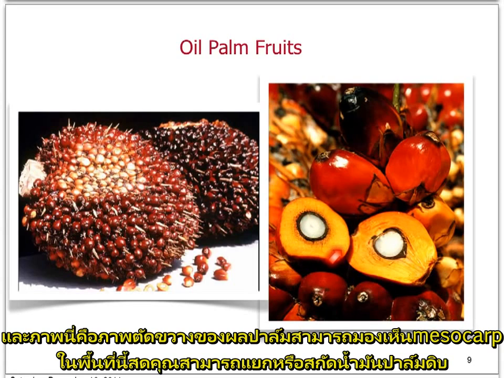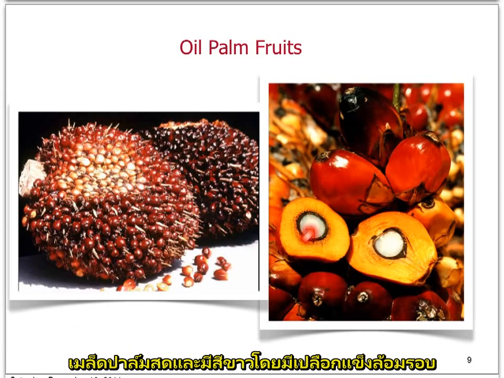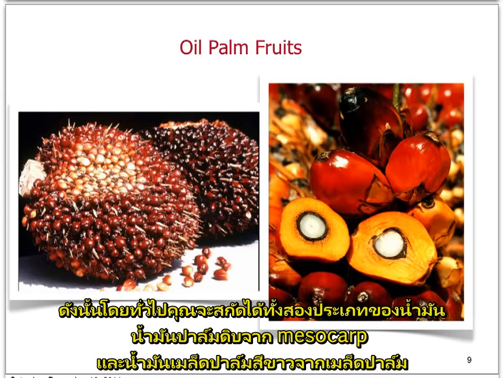From this part we can get the crude palm oil, and the white flesh is the palm kernel, surrounded by the hard shell. So basically we can get two types of oil here: the crude palm oil from the mesocarp and the palm kernel oil from the white flesh or from the kernel part.